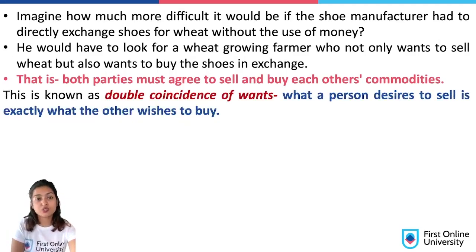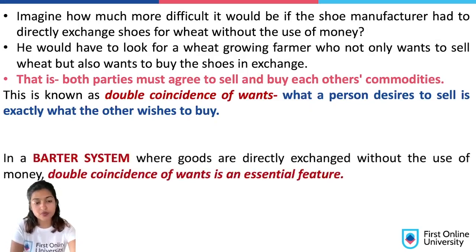So, this is also known as double coincidence of wants, which can also be conceptualized as what a person desires to sell is exactly what the other wishes to buy. So this is what double coincidence of wants is. In a barter system where goods are directly exchanged without the use of money, double coincidence of wants is an essential feature.